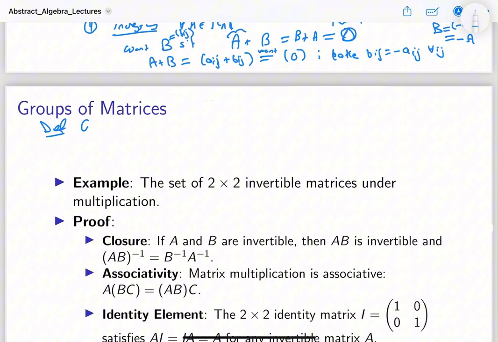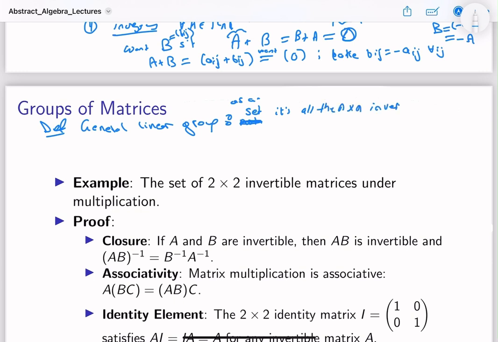is the general linear group, and the notation, or let me just tell you what it is. As a set, it's all the n by n invertible matrices.